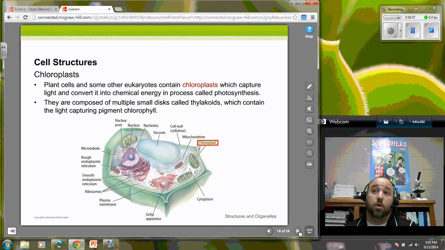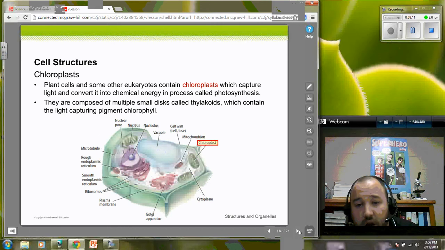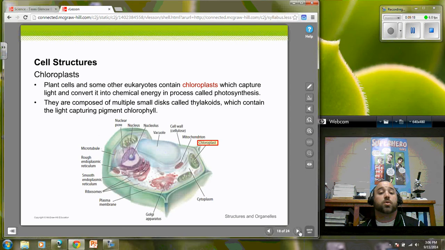Then we have chloroplasts. Chloroplasts are in plants and in some other eukaryotes, and they capture light. They convert it into a chemical energy called photosynthesis. That chemical energy is actually the formation of glucose, of some of those carbohydrates. It takes 6 CO2 plus 6 H2O, with sunlight as input.